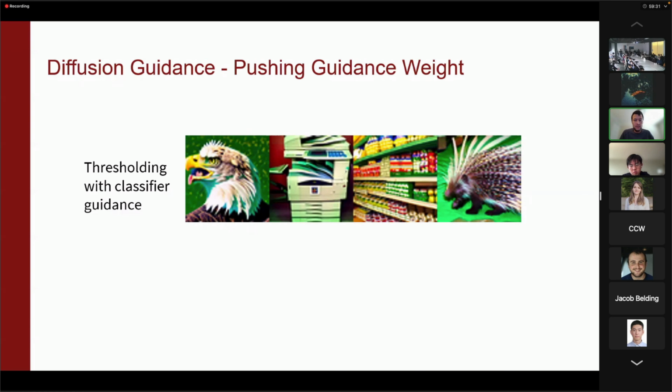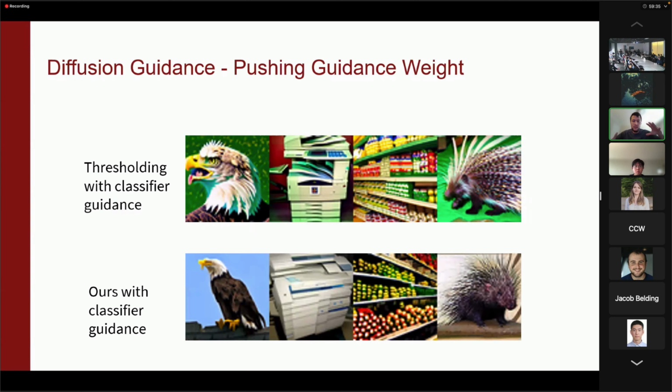As you can see here, these images are not very natural. But if you have this process that takes into account the fact that there are boundaries and you want to reflect whenever you hit a boundary, we can actually do much better at controllable generation, and we can generate images that are much more consistent with the prior and the likelihood, which in this case is just a plus label.